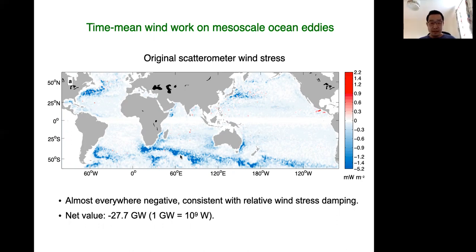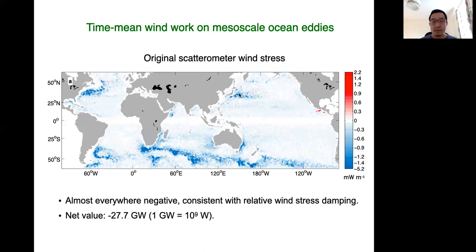Furthermore, the significant damping of eddies occurs in the western boundary current region and also in the Southern Ocean. That's because damping of eddies is proportional to the wind speed and also surface eddy kinetic energy.